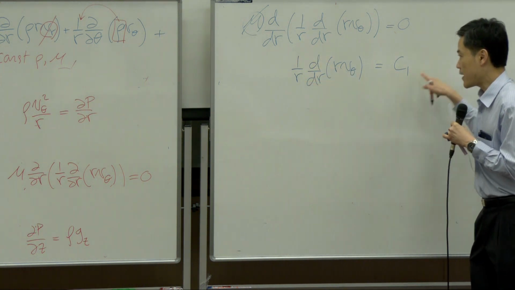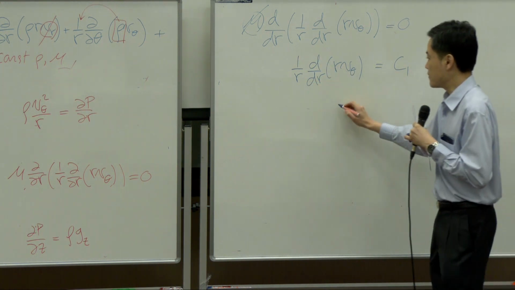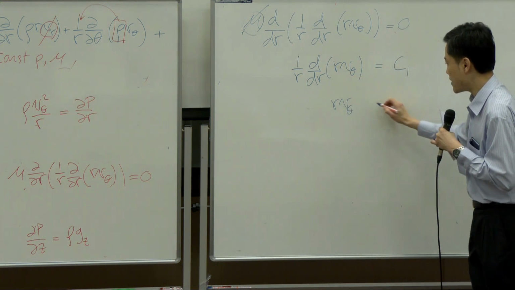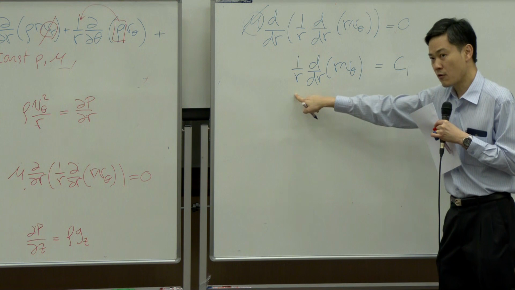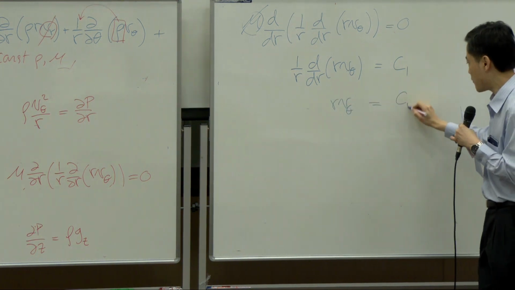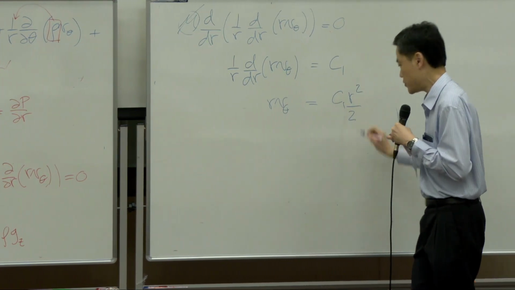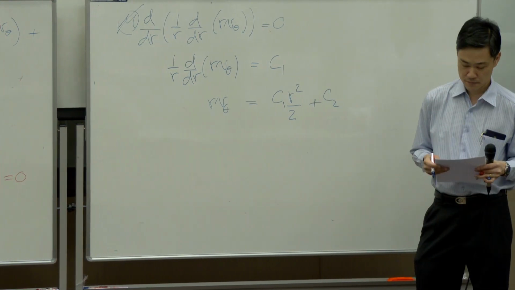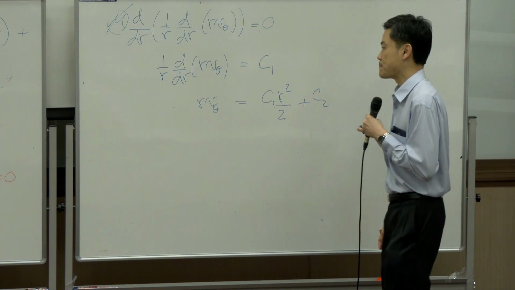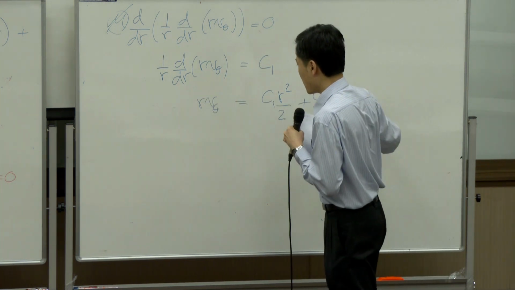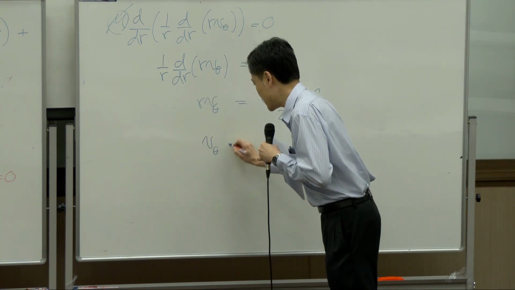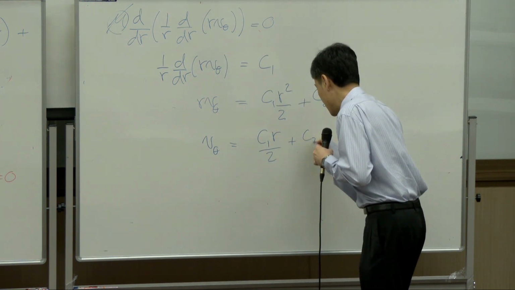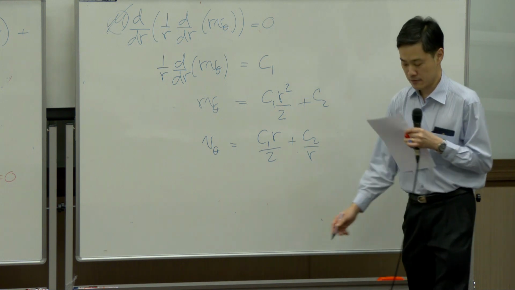Move R to the right-hand side and integrate it again. You have R V theta, whatever inside this integration. R from here goes to the right-hand side. When you integrate it, it turns to be R squared over 2. And then you need another constant, C2. Okay? So divide the whole equation by R. You get V theta equal to C1 R over 2 plus C2 over R. Straightforward.